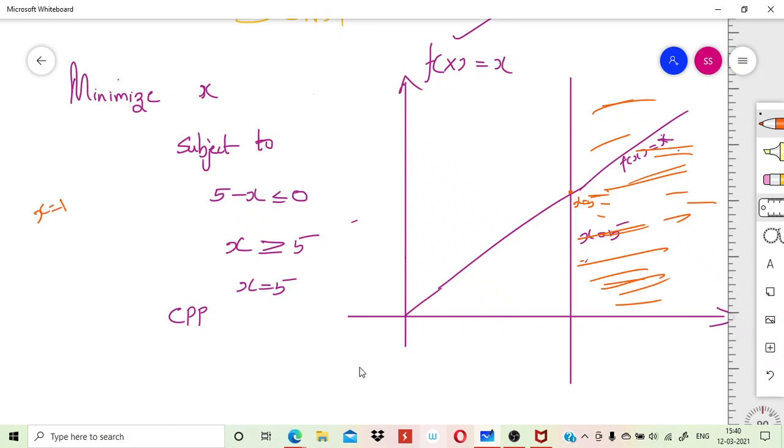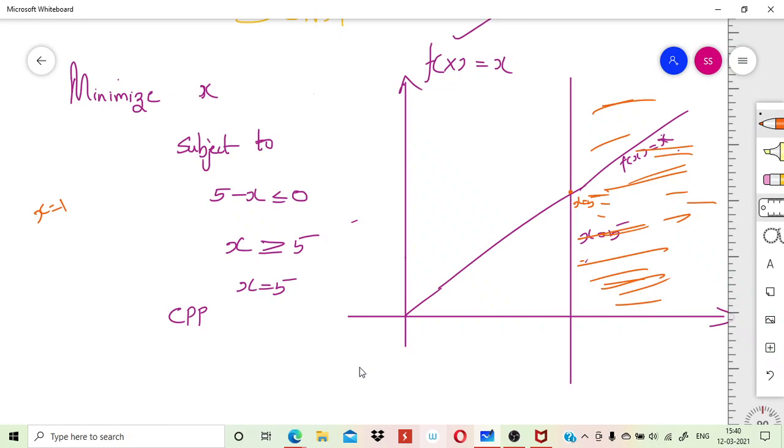So x equal to 1 violates the constraint x greater than or equal to 5. That is been violated, right? Or rather 5 minus x less than or equal to 0.